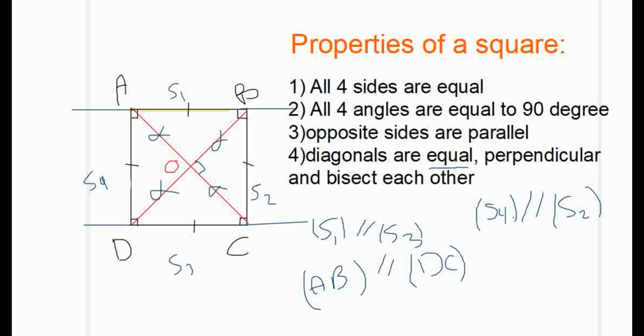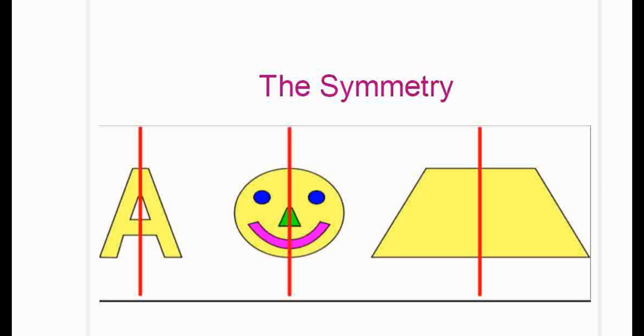You should memorize them. Next we will talk about symmetry, and I put this figure in order to refresh our memory. What is a symmetry? You can see this red line is the axis of symmetry, in which the lines and everything on this side is the same and is at an equal distance on the other side.